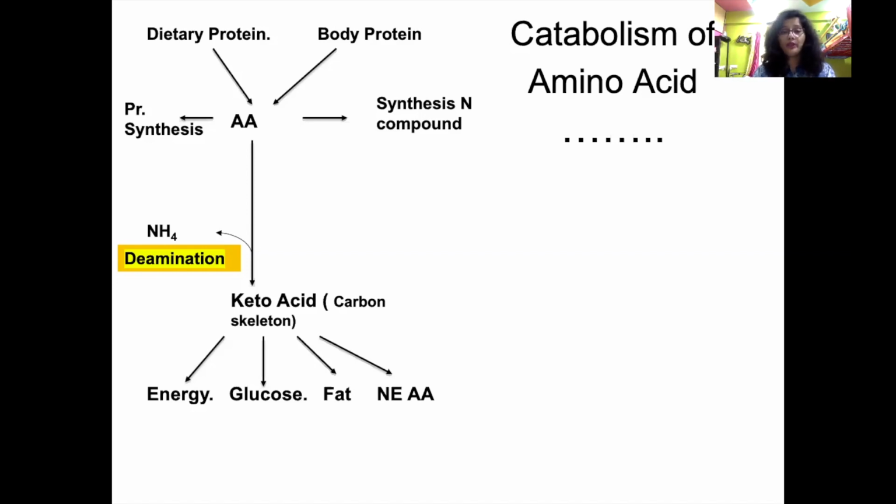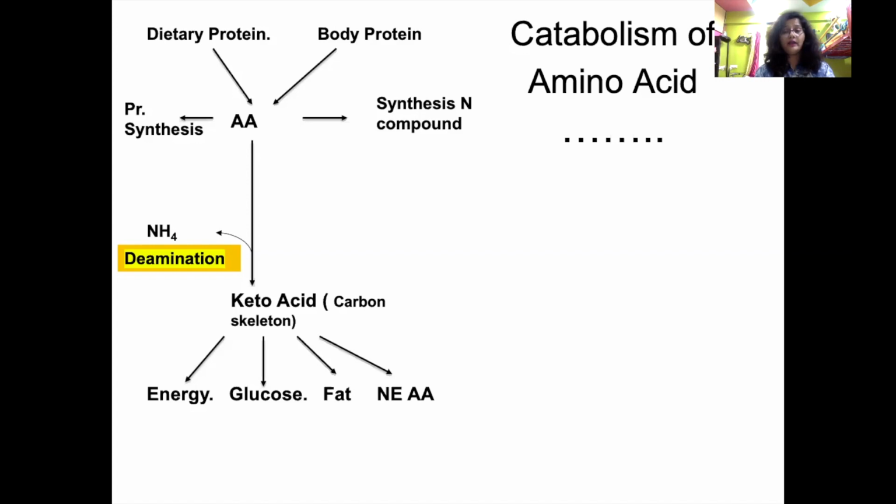Now we know that we have 20 standard amino acids in our body which take part in metabolism. But here there is one restriction: not all amino acids can undergo deamination.